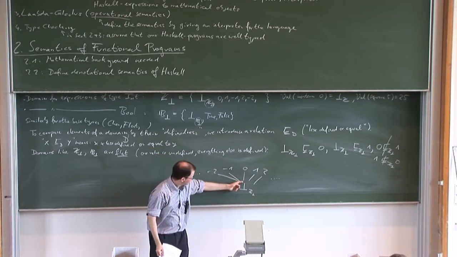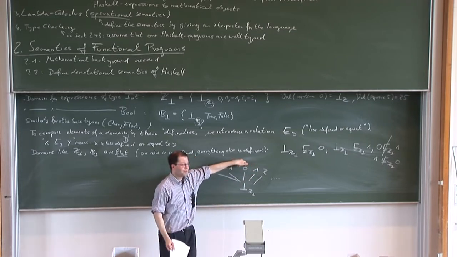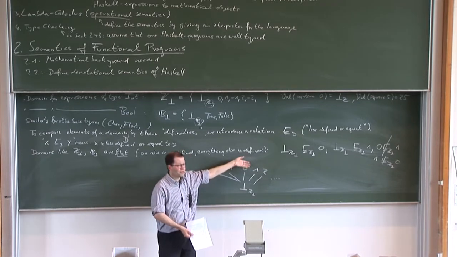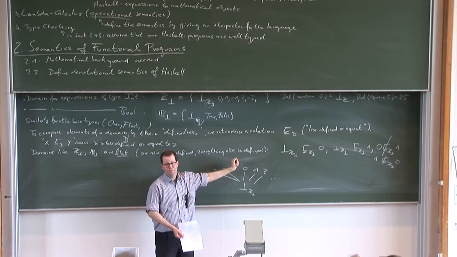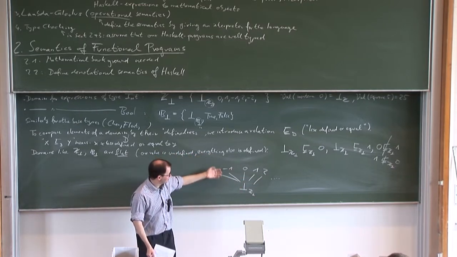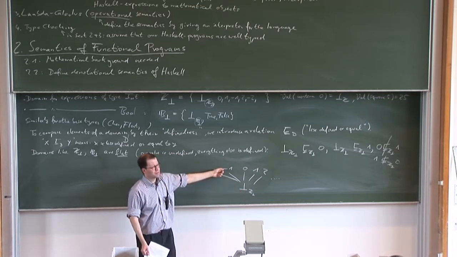Now these lines mean this is greater than that, and this is greater than that. But 0 and 1 are incomparable. It's not that 0 is undefined and 1 is defined. They are both defined, but they are not equal. And therefore they are incomparable. And this is called a flat domain because either you have something which is completely undefined or you have something which is completely defined.